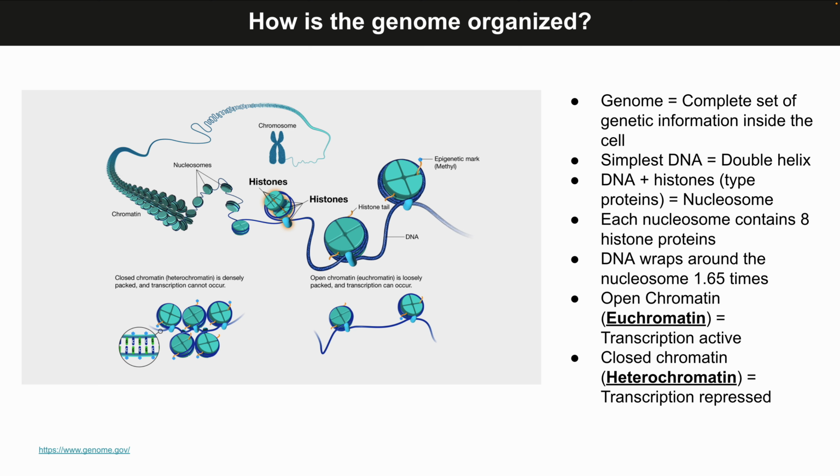So this is what's broadly called open chromatin, which is where your transcription is active, and then there is something called closed chromatin where transcription is reversed, right? The reason to include this in the first slide, before I introduce what transcription and translation are, is because I'm going to describe what genomics is, right?